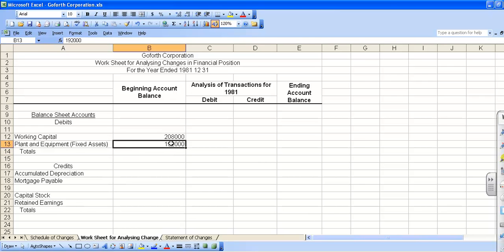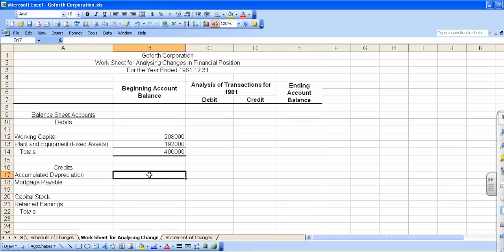Those are the only 2 debits. So we're going to add those up, and you should end up with 400,000. Because that's all we have there, we're going to double rule that.